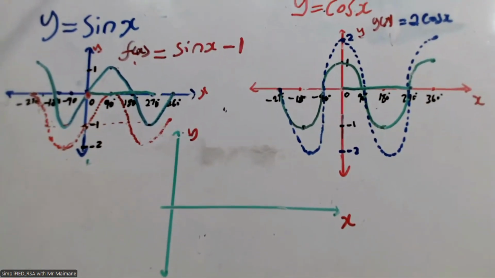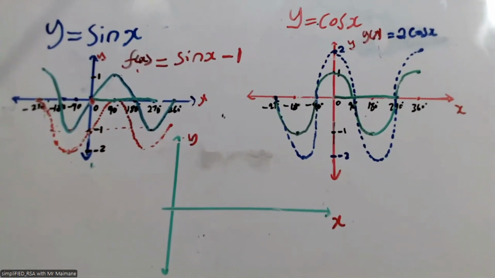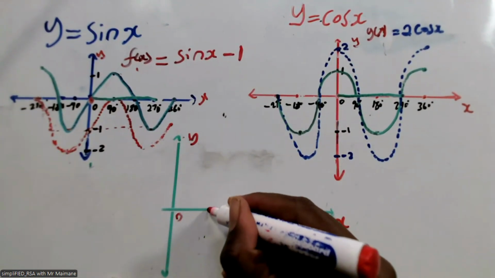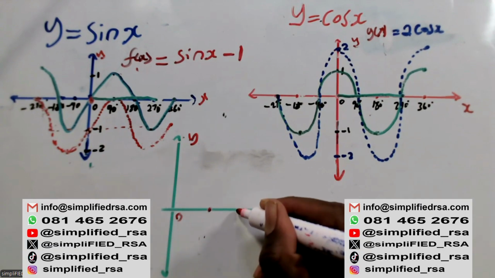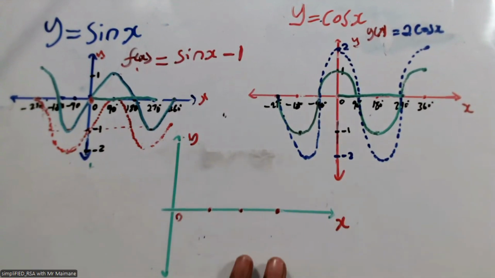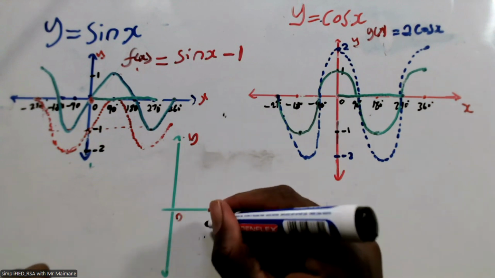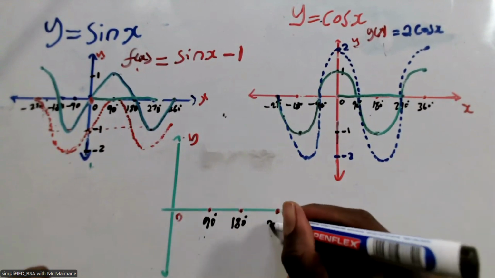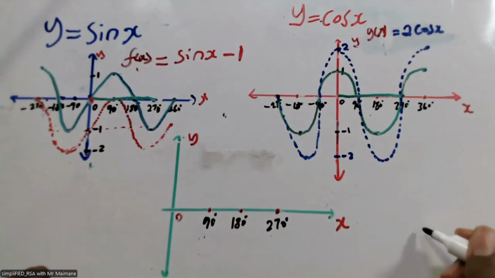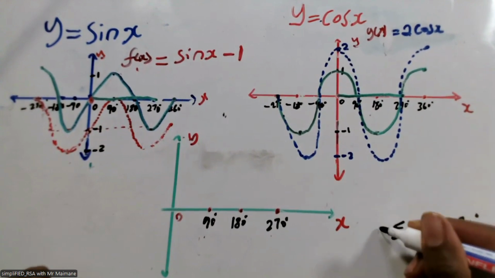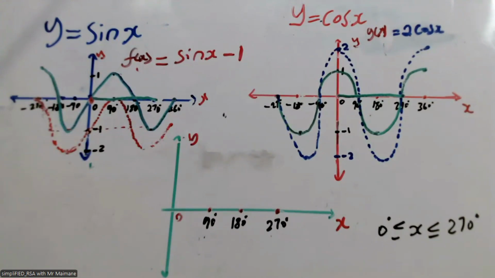So now I've made it clear that I'm only going to plot from 0, 90, 180, and 270 degrees, because it has been stated that x is between 0 and 270 degrees. So they don't care about the whole part.